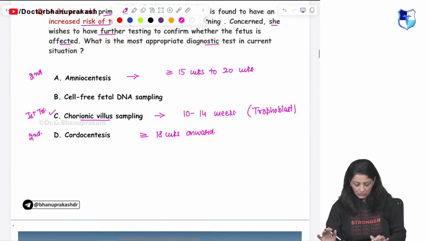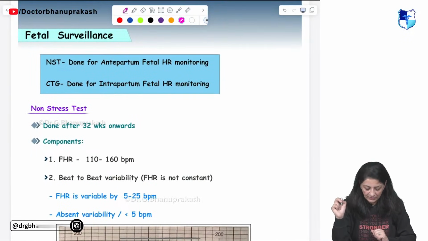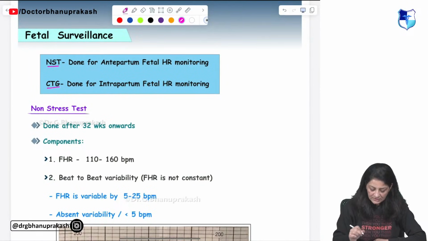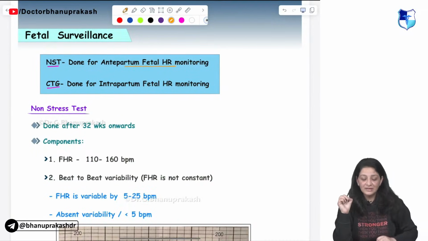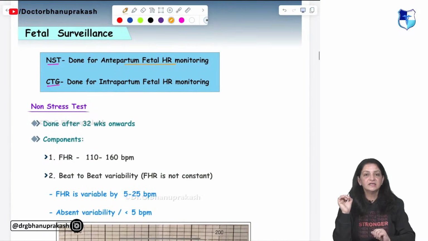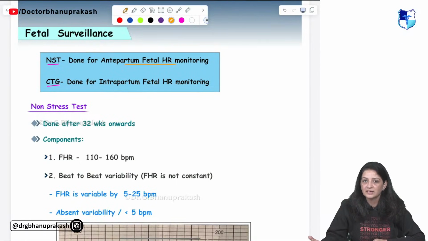Clear? So now, next topic is fetal surveillance, NST and CTG. NST is done for antepartum fetal heart rate monitoring. Please remember this point. Antepartum means during pregnancy.